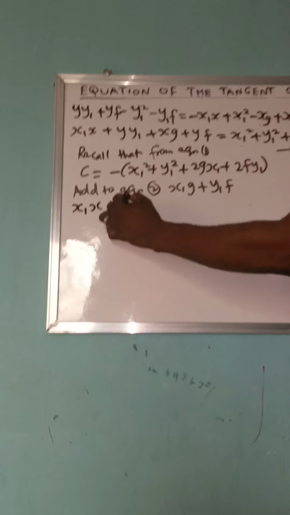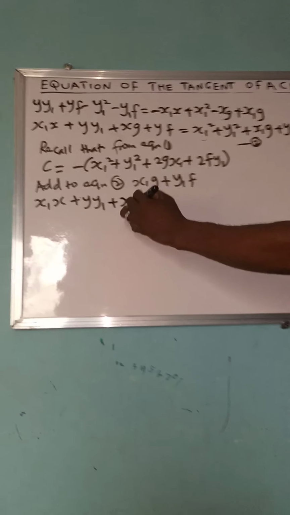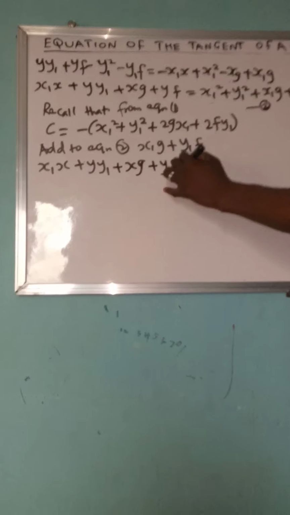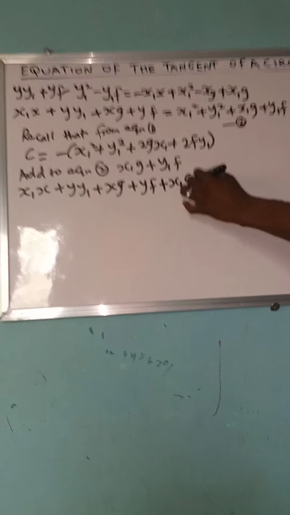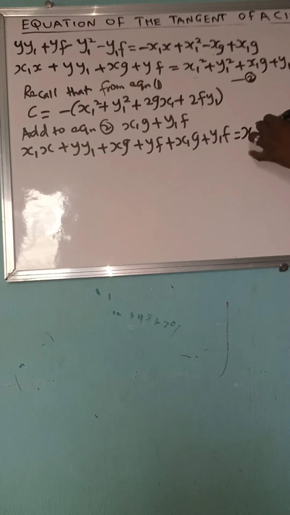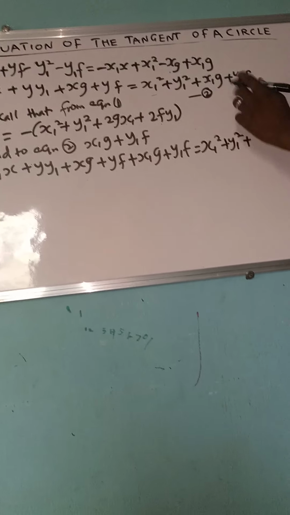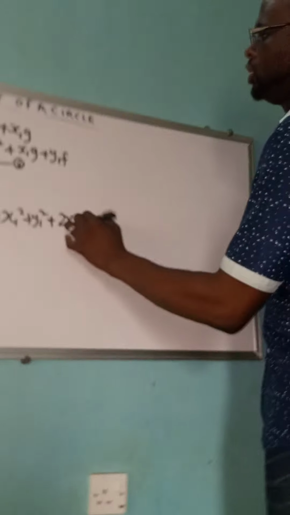So we have x1x plus yy1 plus xg plus yf plus x1g plus y1f is equal to x1 square plus y1 square plus, when I add that to this, you have 2x1g plus 2y1f.